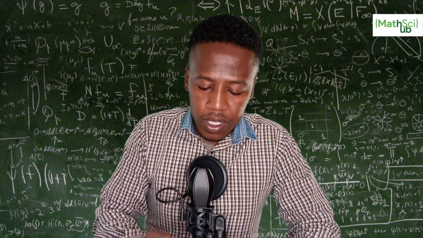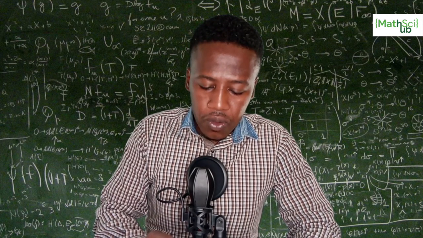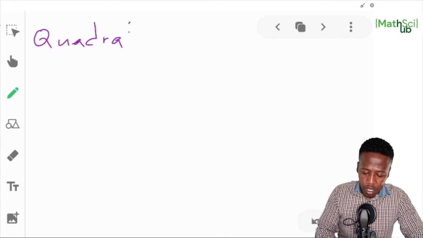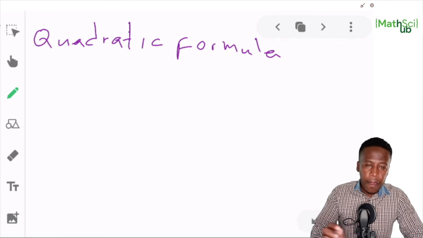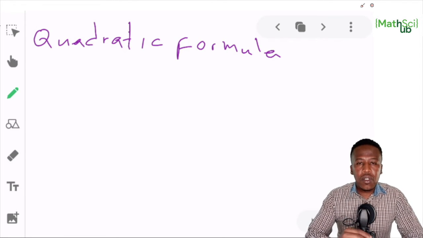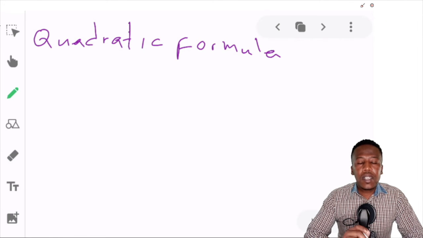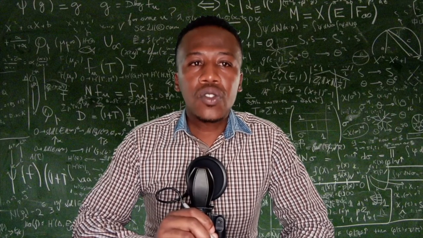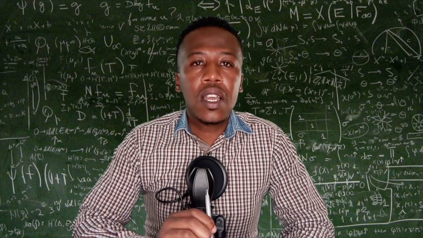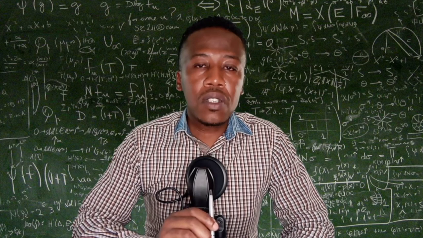You can solve quadratic equations by using the quadratic formula. Now before I continue on this method, in your question paper, you will get a question that will state how to solve that quadratic equation, like in the previous method that we just did.